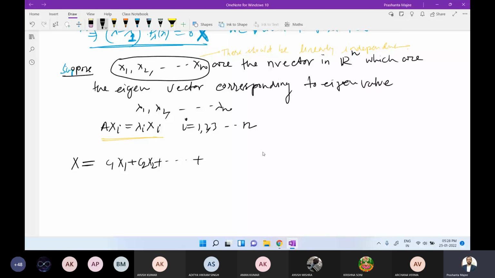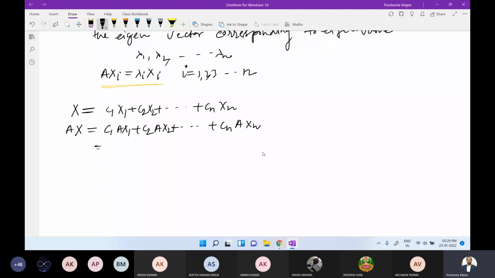Now you pre-multiply this vector by the matrix A. So what will be Ax? Ax will be c1 Ax1 plus c2 Ax2 up to cn Axn. So use the relation given in 1.